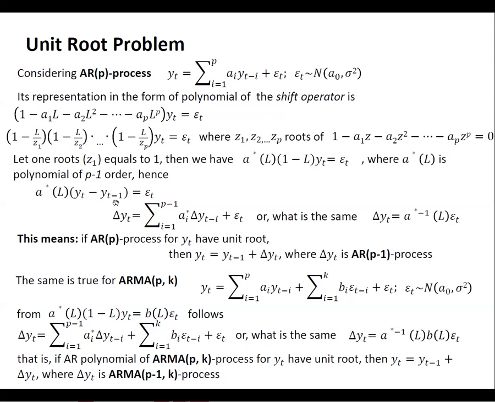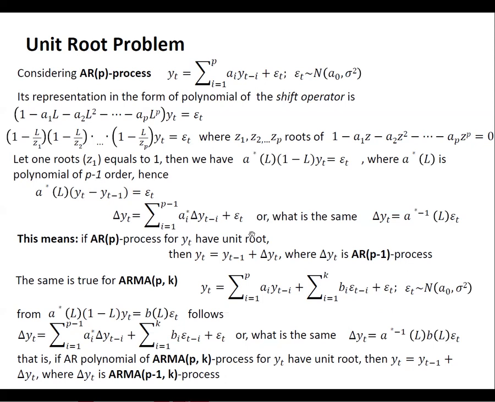Now if we apply this first difference, multiply it by this polynomial, and transfer the result of the polynomial to the right side, then we've got that our process AR(p) having a unit root, where one of the roots of the characteristic equation is equal to 1, is in fact the same as the process of autoregression of order p minus 1 on the first difference delta y, that is, the sum from 1 to p minus 1 of the new coefficients with asterisks multiplied by delta y with a lag, not by y itself, but by delta y, the first difference, plus the epsilon that we had already.